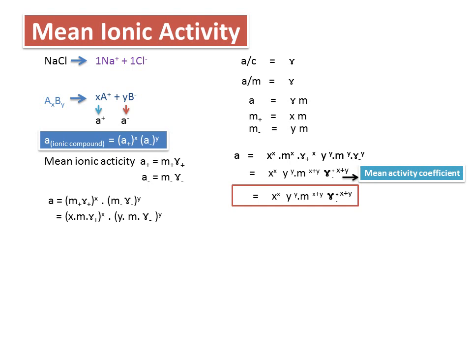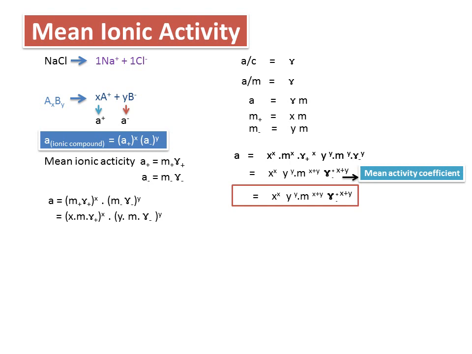So if we dissolve it in water, it dissolves into its respective ions in this way: AxBy will change into xA positive, where x is the number of moles of the A cation, and y is the number of moles of the anion, yB negative.